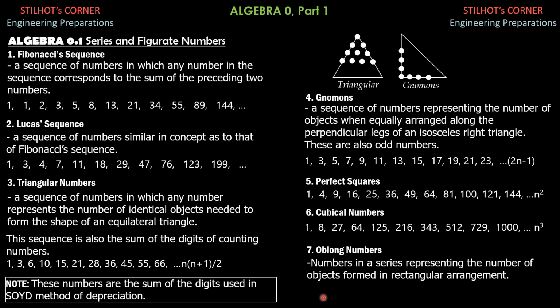So it begins with 2, 2 by 3, which is 6, then 3 by 4, which is 12, 4 by 5, which is 20, 5 by 6, 30, 6 by 7, 42, 7 by 8, 56, 8 by 9, 72, 9 by 10, 90, 10 by 11, 110, 11 by 12, 132, and so on and so forth.